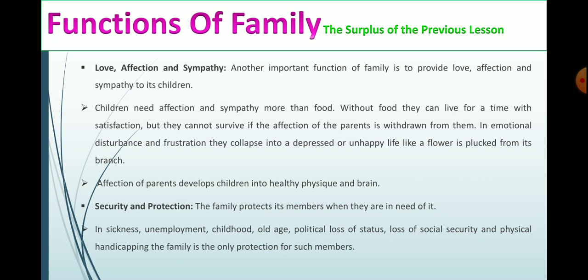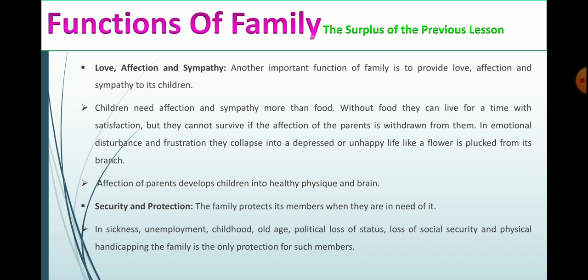An important function of family is to provide love, affection, and sympathy to its children. Each family's children have the right for their parents to provide them love, affection, and sympathy.